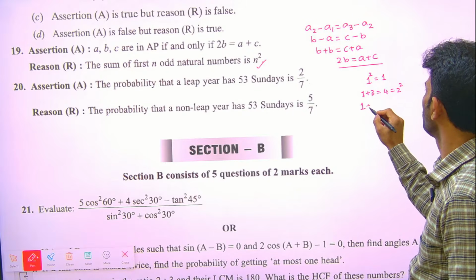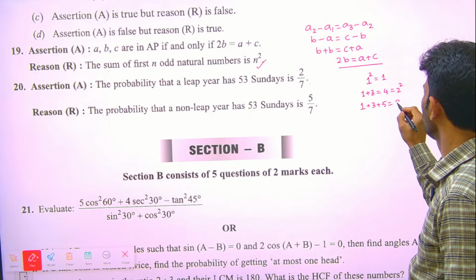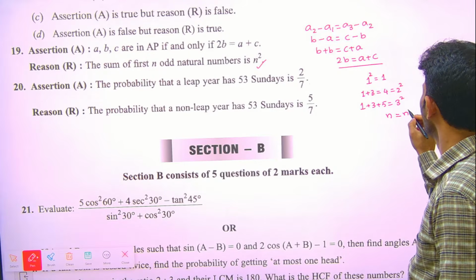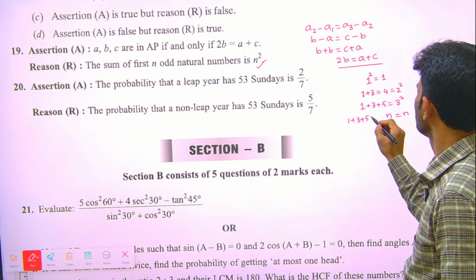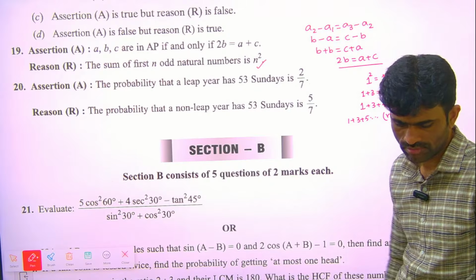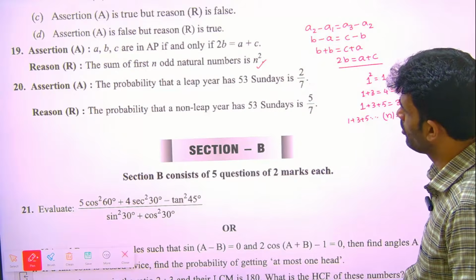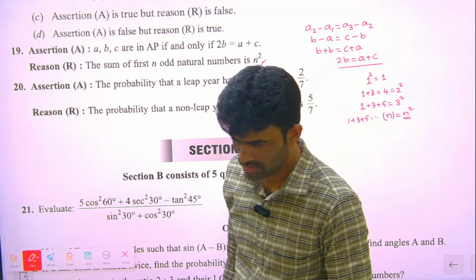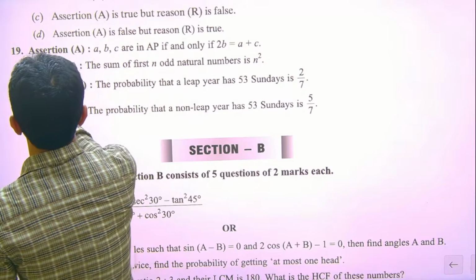If you take three numbers, 1 plus 3 plus 5, result is 3 square. So if you take n numbers, 1 plus 3 plus 5 and so on to n numbers, result is going to be n square. Understand? So assertion is true, reason is also true, but reason is not correct explanation of assertion. So option B is correct. Question number 19, option B is correct.